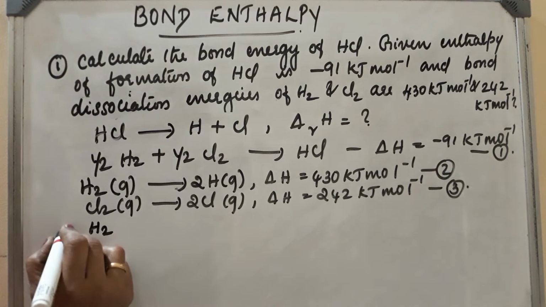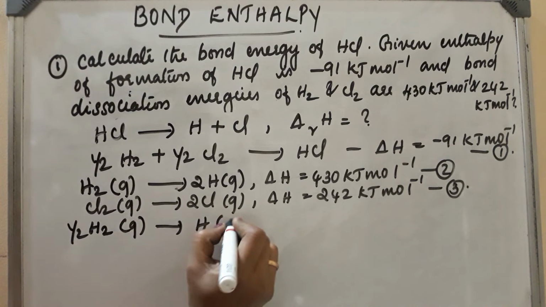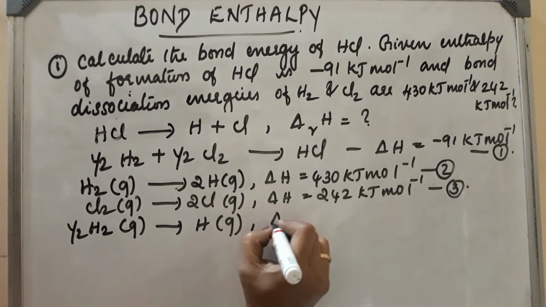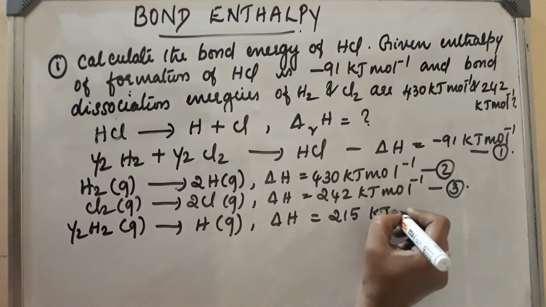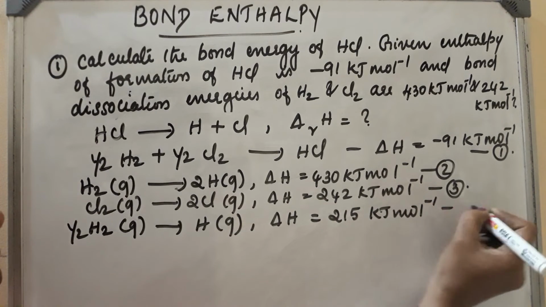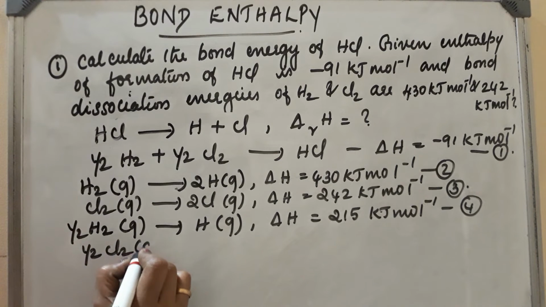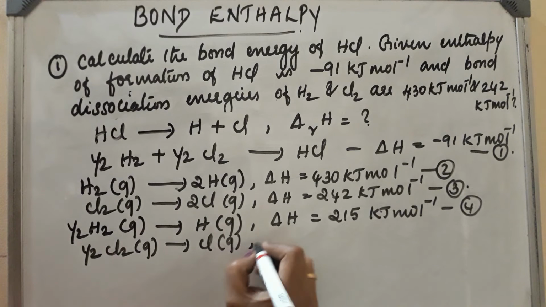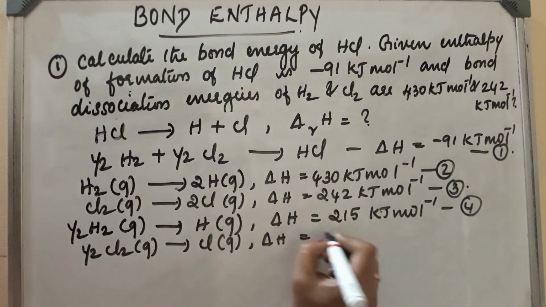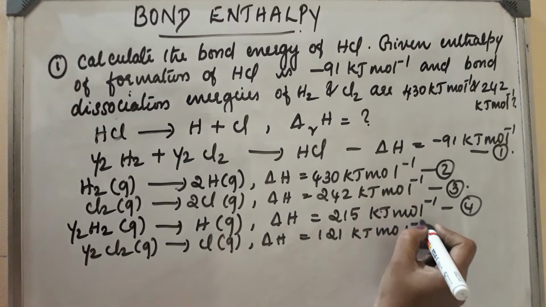So half H2 gives H, dividing by 2, delta H equal 215 kilojoule per mole. Equation 4. Okay. Next, half Cl2 gives Cl gas, chlorine atom. Delta H will be equal to 121 kilojoule per mole.